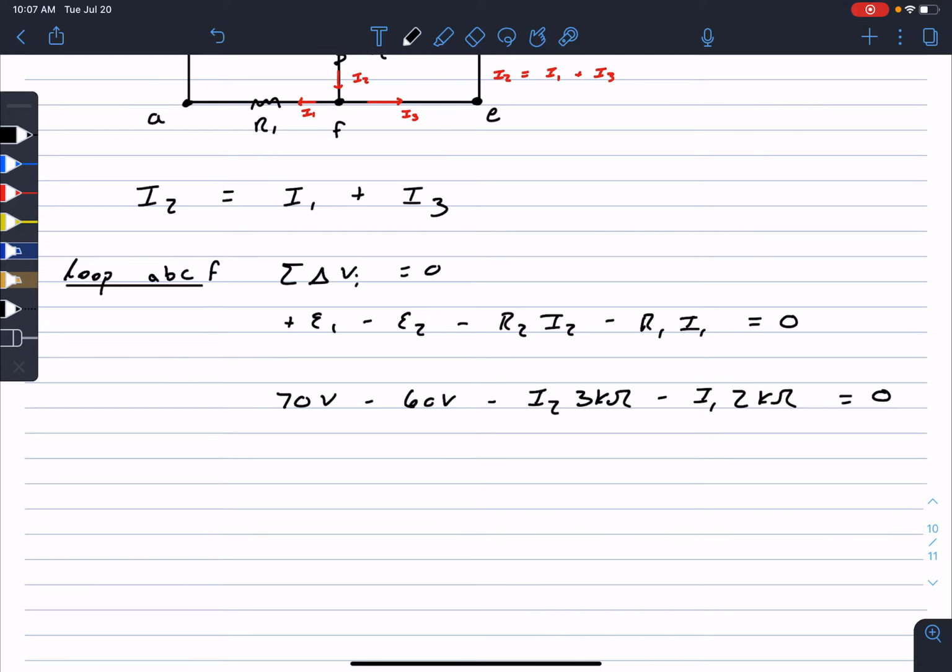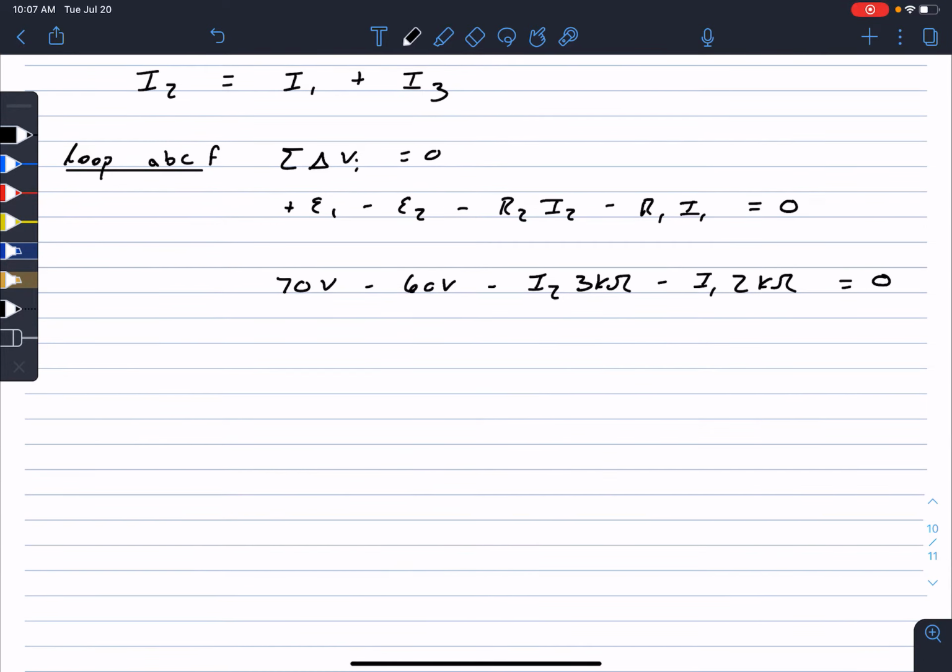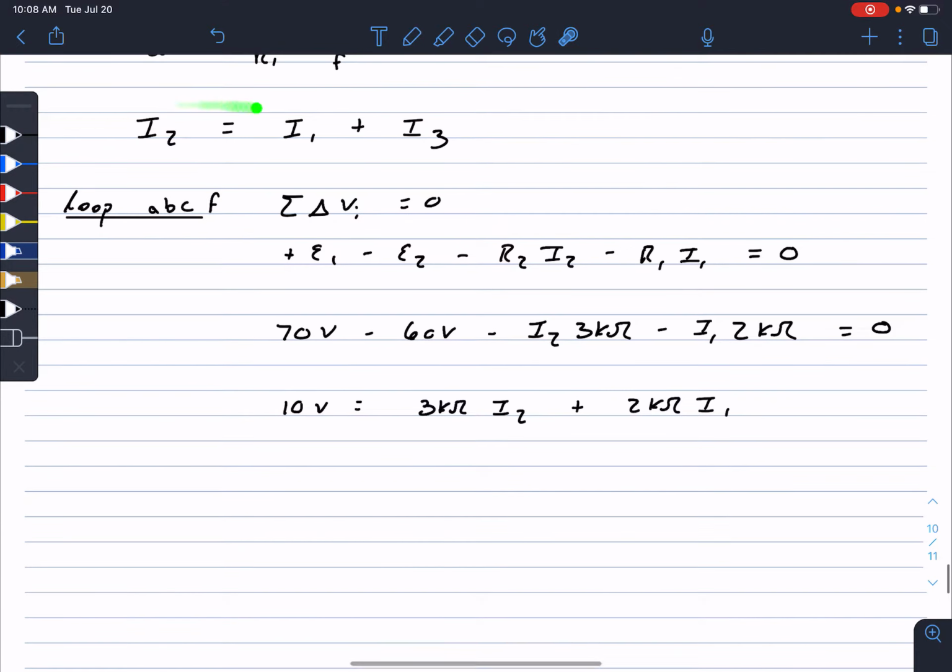Great. So 10 volts is equal to 3 kiloohms I2 plus 2 kiloohms I1. I'm just rearranging a little bit. It doesn't really matter how we rewrite this. That's pretty much what we're left with. So this is going to be equation 2.